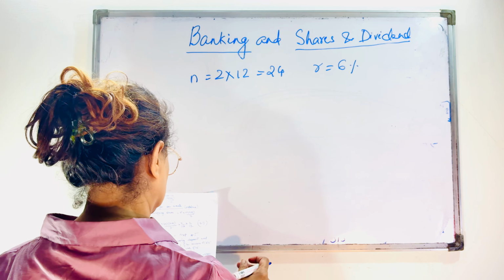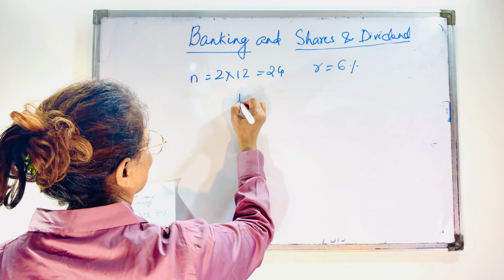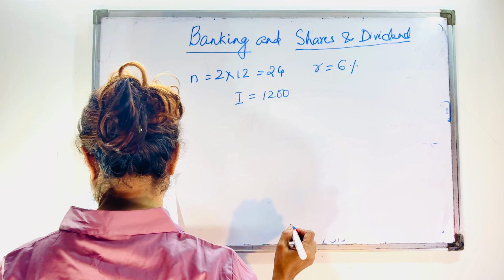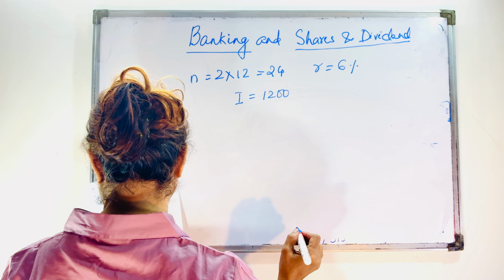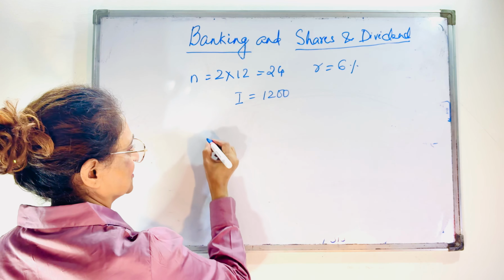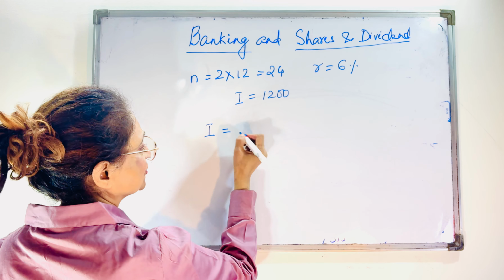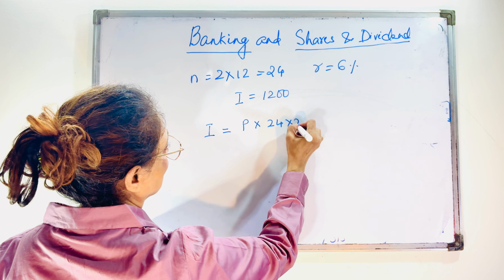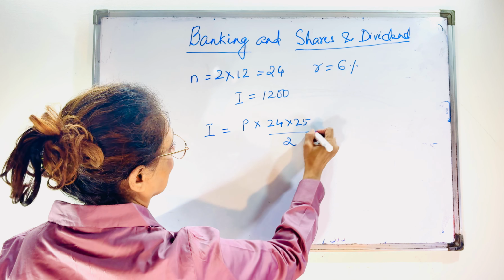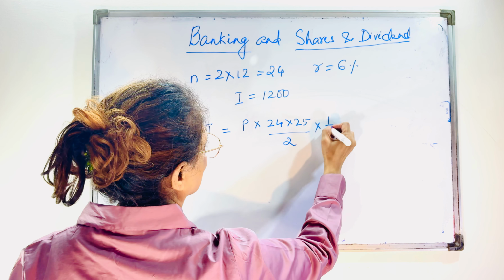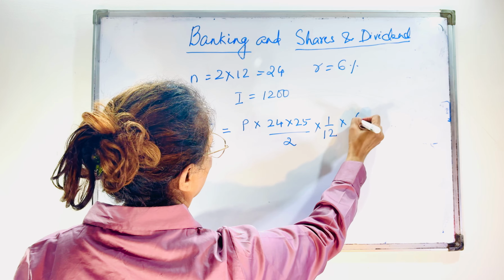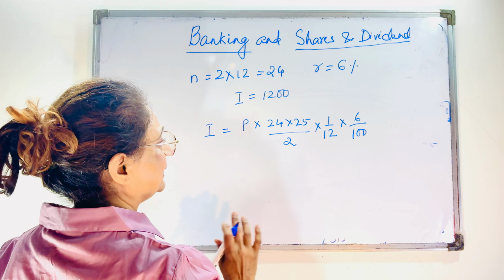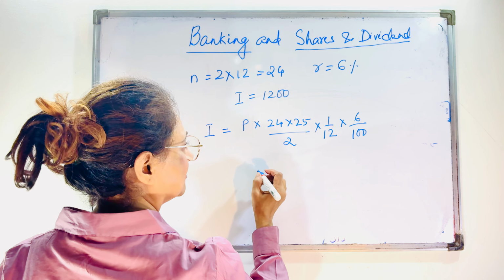He gets 1200 as interest at the time of maturity. Find his monthly installment. P is asked. So the formula of I is P times n into n plus 1 by 2 into 1 by 12 into R by 100. Right? Solve for P. I is given. Fine.